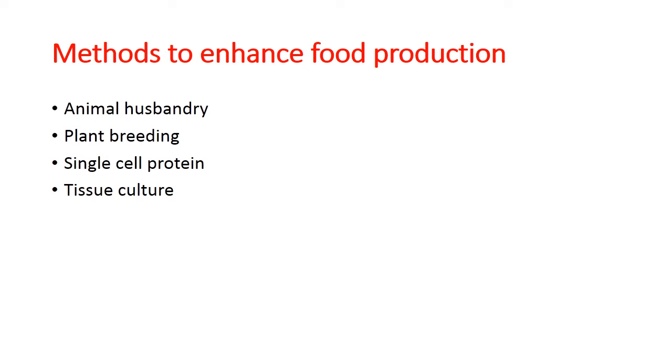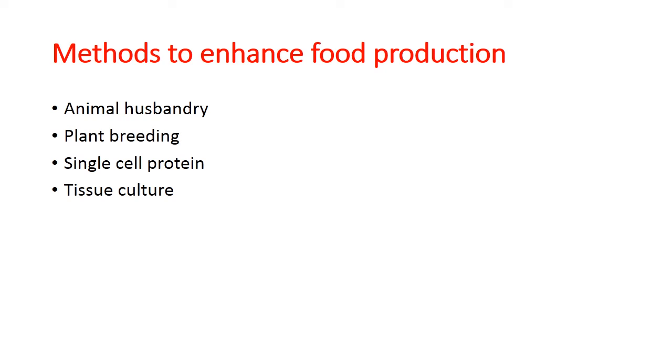Then one more method is plant breeding. So under plant breeding, we will be studying how to increase the food products coming from plants. So by plant breeding, new and better plants can be used to produce a number of plant products, because we human beings are using a number of plant products like cereals, pulses, vegetables and fruits.